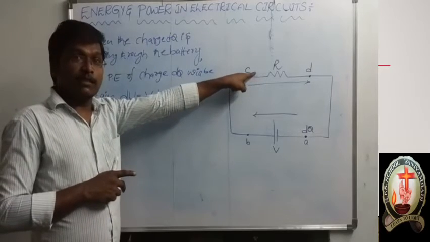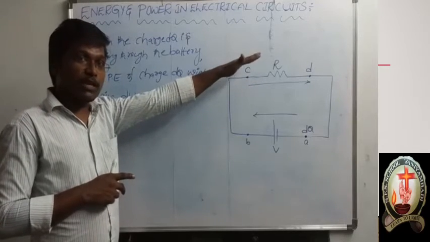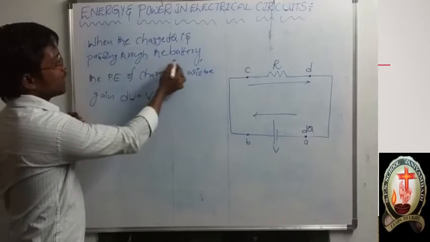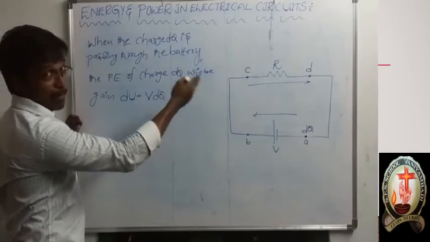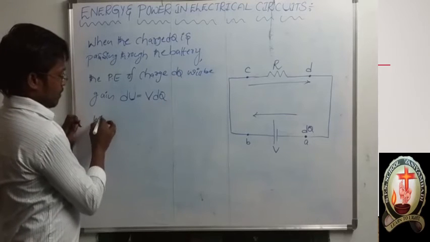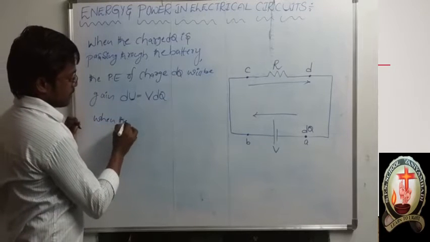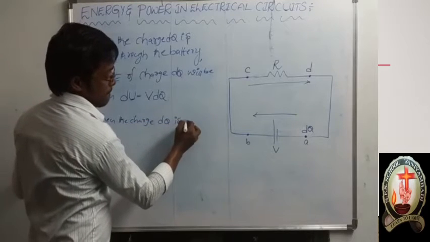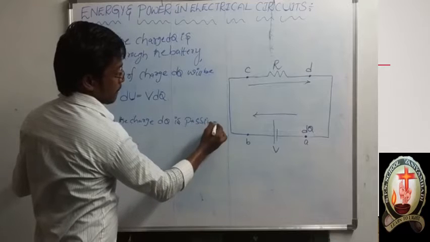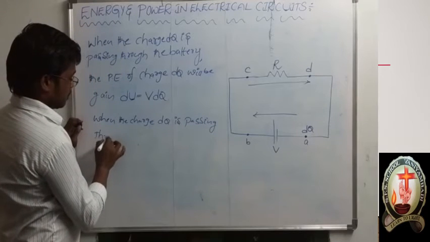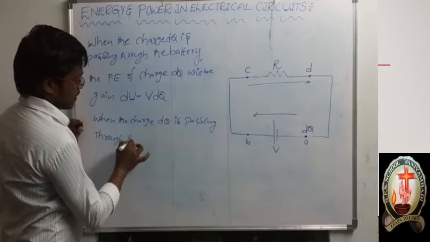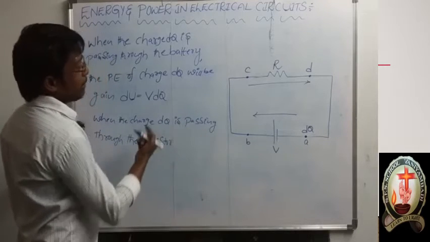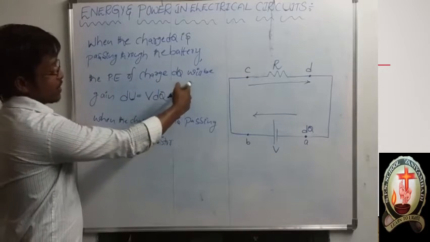Here some amount of potential energy will be lost when the charge dq is passing through the resistor. When the charge dq is passing through the battery, the potential energy of the charge dq will be gained.